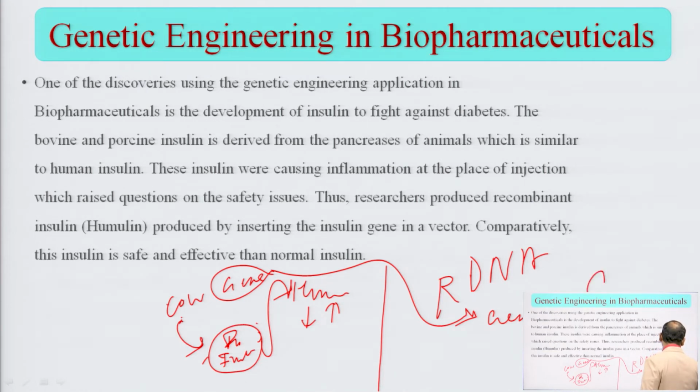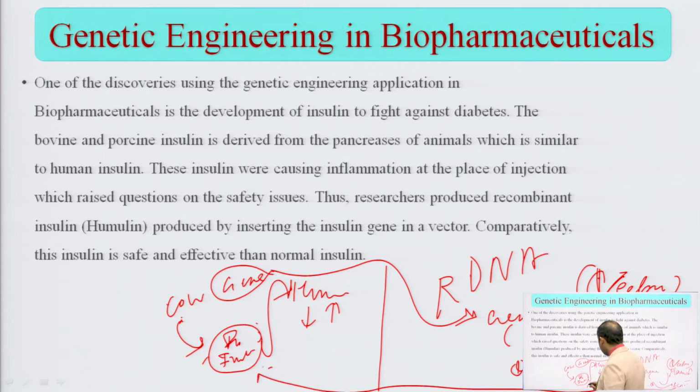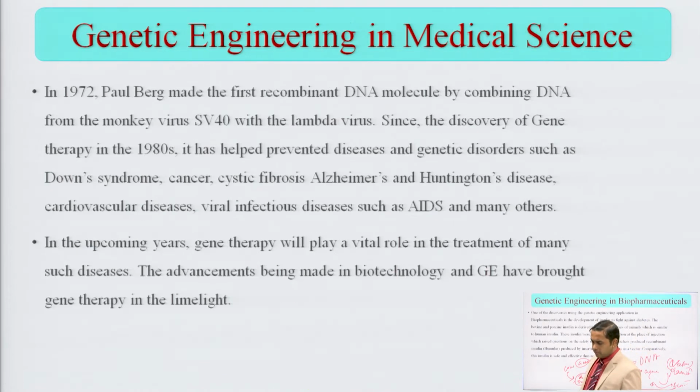Let me write the correct word, vector. Then they fused that gene with the vector, and it was transferred into E. coli, and that E. coli produced the insulin, and that insulin can be given to the human. I will tell you more in my upcoming slide.